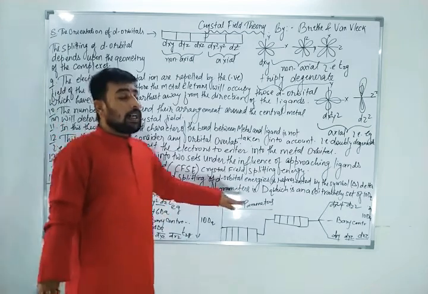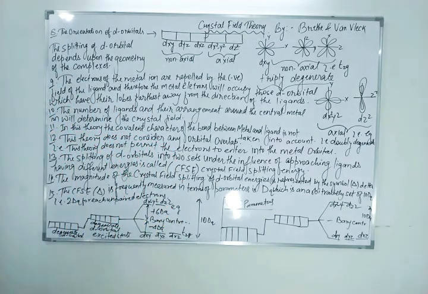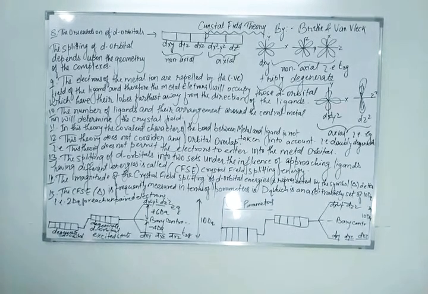The crystal field splitting energy delta is frequently measured in terms of an arbitrary set of 10 Dq, that is 2 Dq for each unpaired electron. In this diagram it is easily clear.